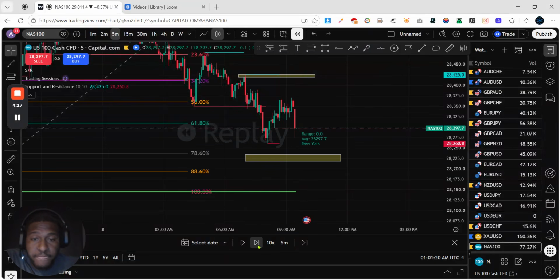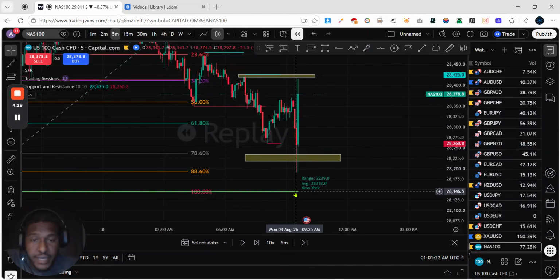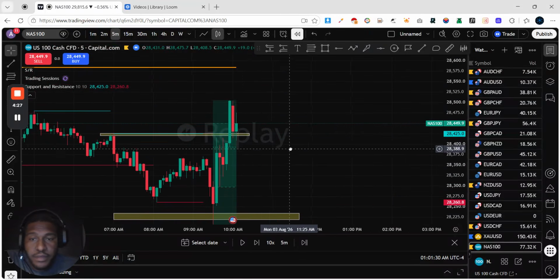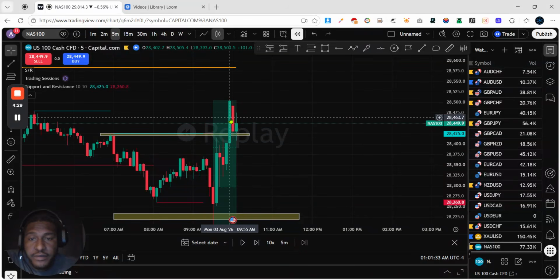Okay. Price came, and as you can see, we rejected. Exactly what I was looking for. We see price came above this zone and gave some nice resistance. So let me see if I get my engulfing candle.